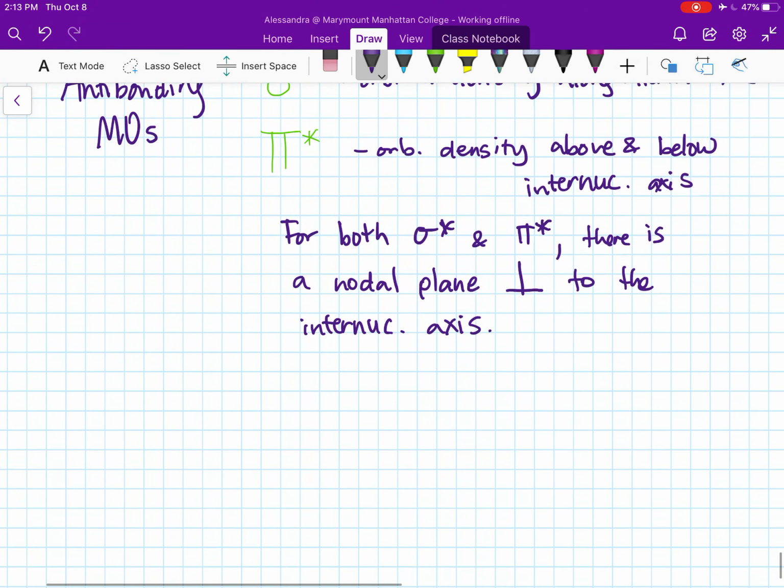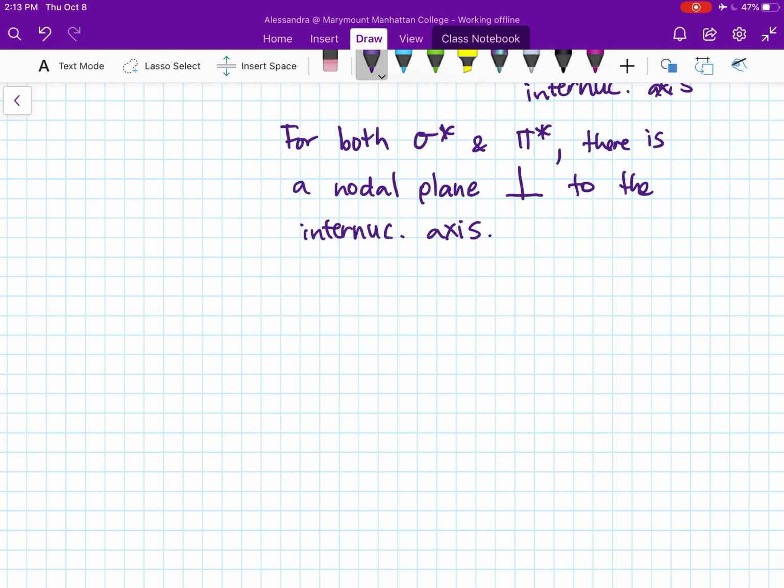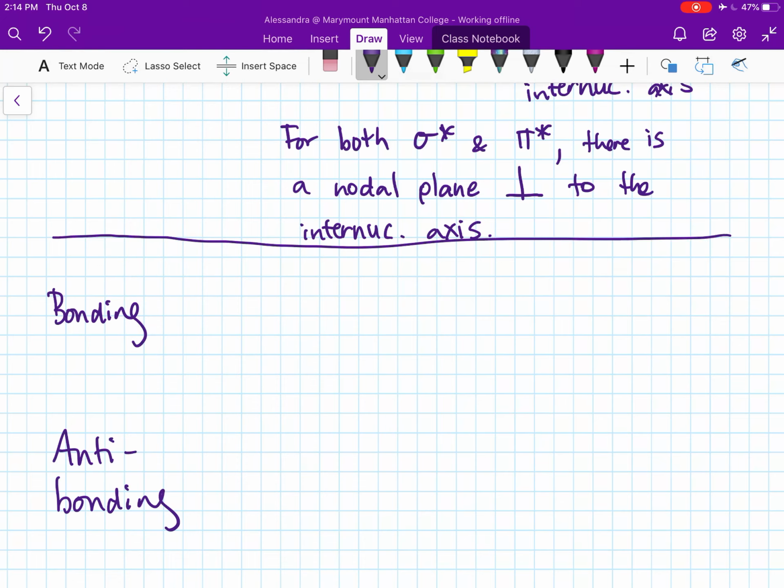So I want to draw an example of each of these types of MOs. The bonding and the anti-bonding, sigma and pi. So I'm going to make a little table here to organize my drawing. I'm going to have sigma and pi. And of course, the anti-bonding will be sigma star and pi star.